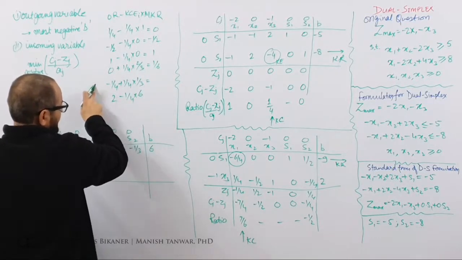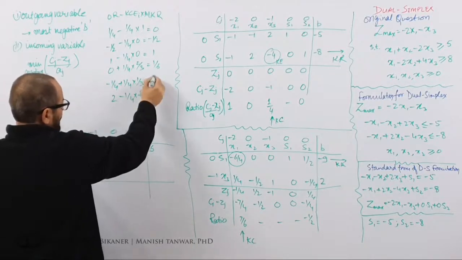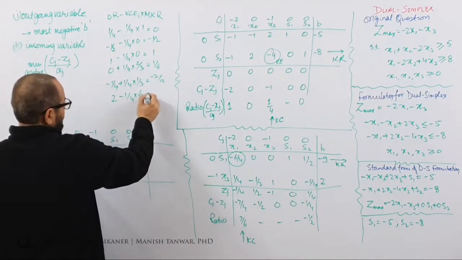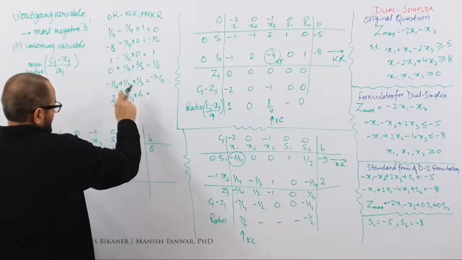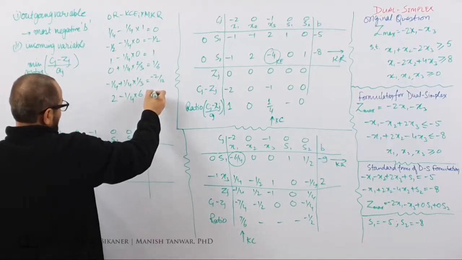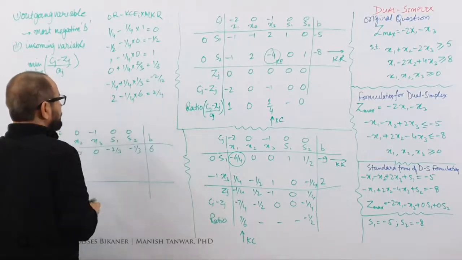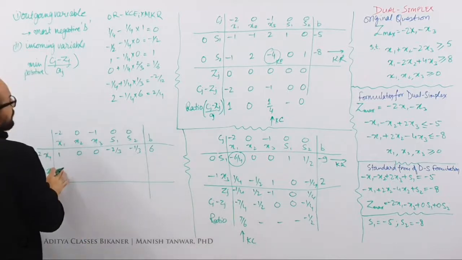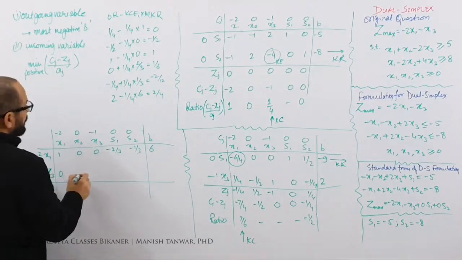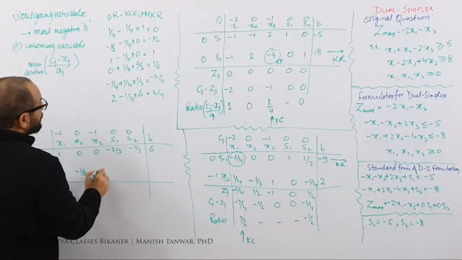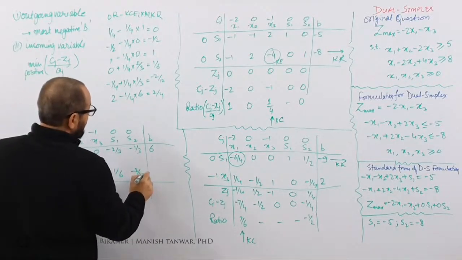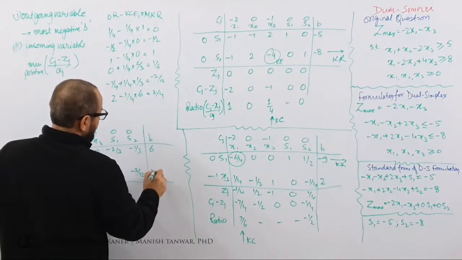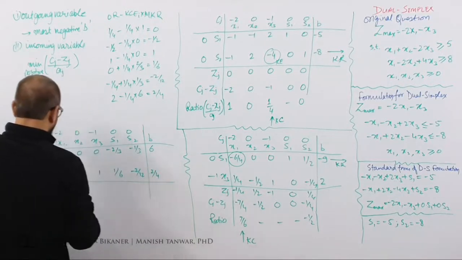With minus 3 plus 1, minus 2 by 12. Here we will be having an 8 minus 6, which would be 2 by 4. So our values are 0, minus 1 by 2, 1, 1 by 6, minus 2 by 12 and 2 by 4 or 1 by 2.